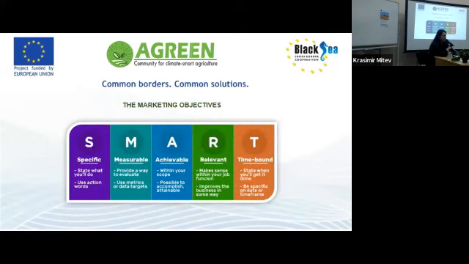So the marketing objectives should have these characteristics. And these characteristics are forming the word SMART. Why? Because they have to be specific, state exactly what you will do, and use action words. They should be measurable, provide a way to evaluate and use metrics or data targets, be achievable within your scope, and possible to accomplish and attain.